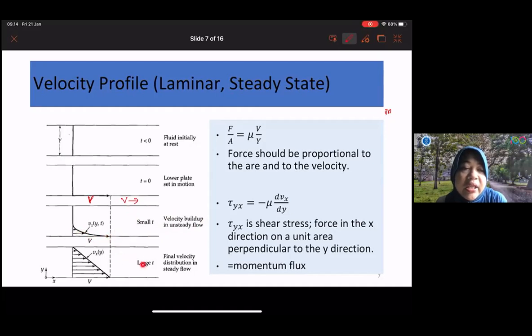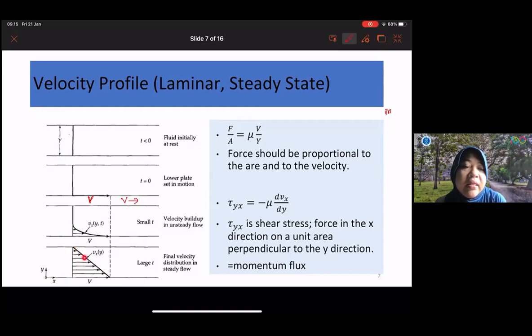At a large t, there would be a steady flow, where the fluid is dragged along and the velocity increases, near to the velocity of the lower plate, while at the upper plate, because the plate stays still, the velocity of the fluid is zero.